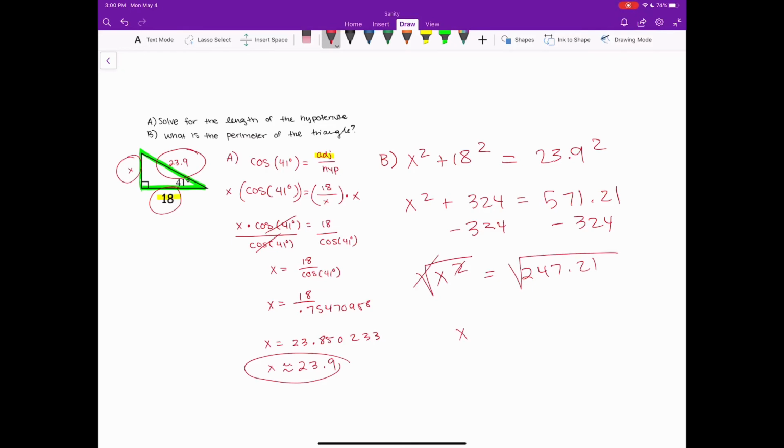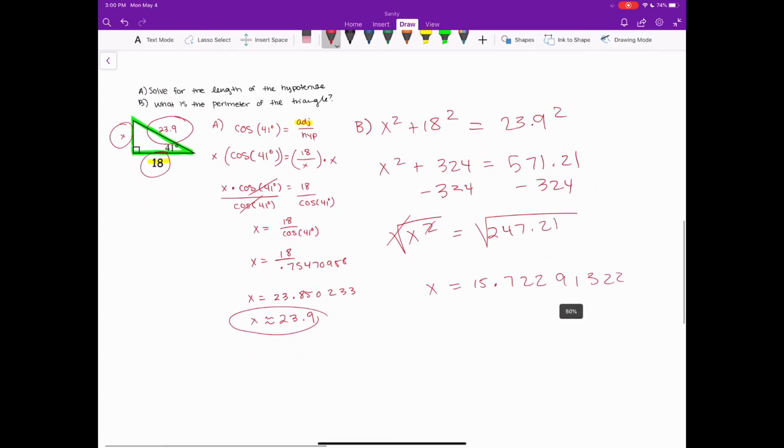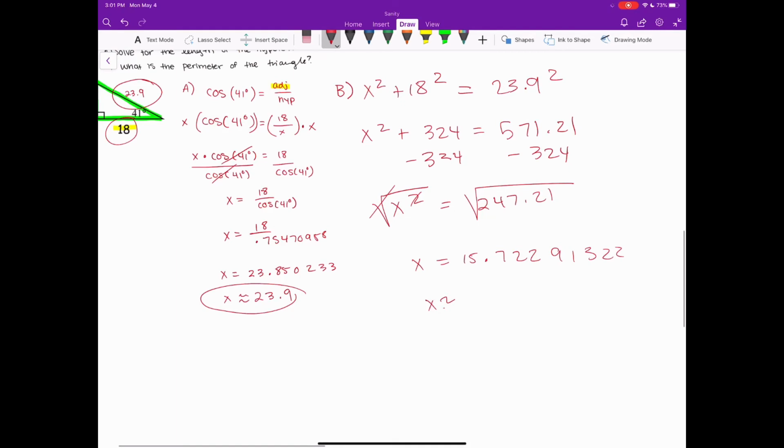And then I just get x equals 15.72291, and it just keeps going on and on. So I'm just going to round that off to about 15.7 feet or so, right?